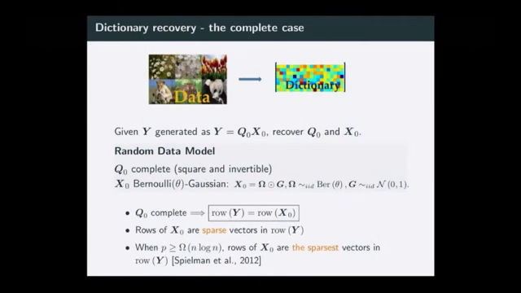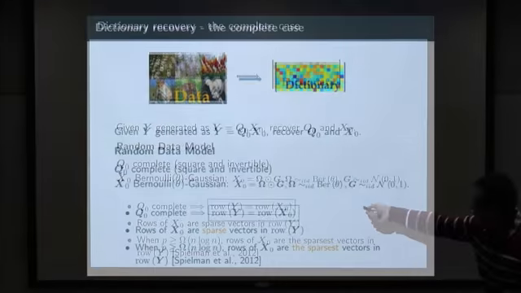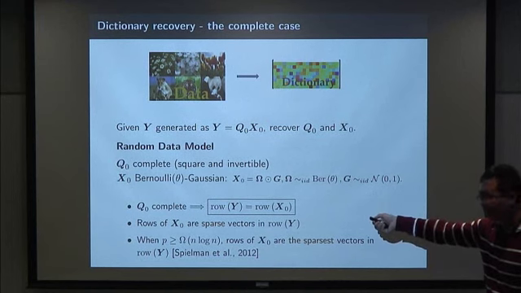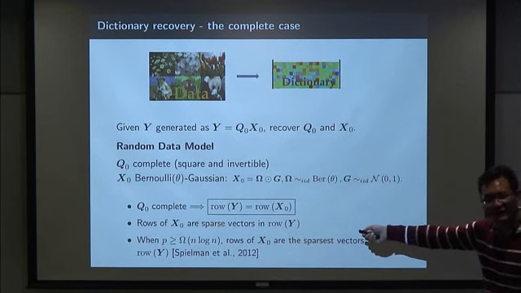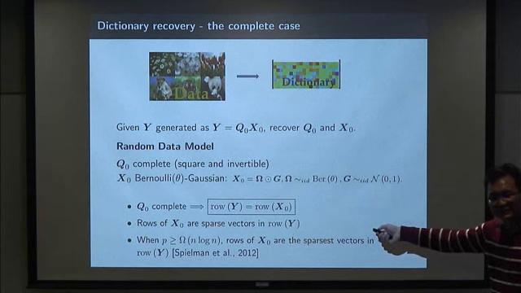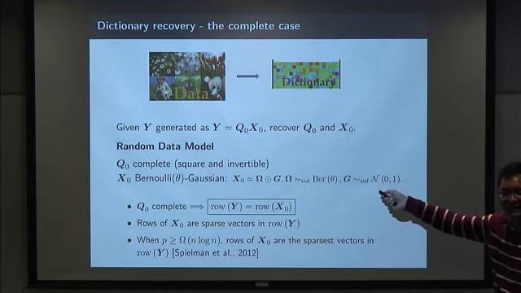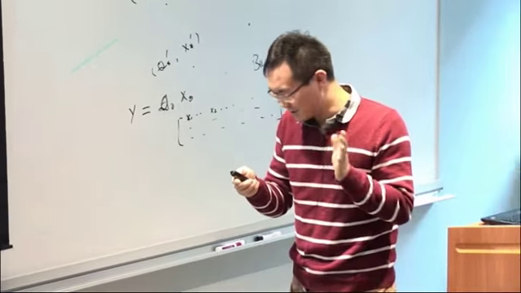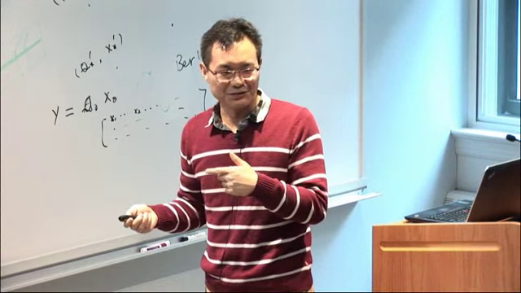Remember, what we analyze is this recovery setting. We assume our data matrix is generated by some ground truth dictionary and coefficient, and we assume some model on the dictionary and coefficient. This is very different from what I did in the first experiment. I'm not claiming that's the case for real images.